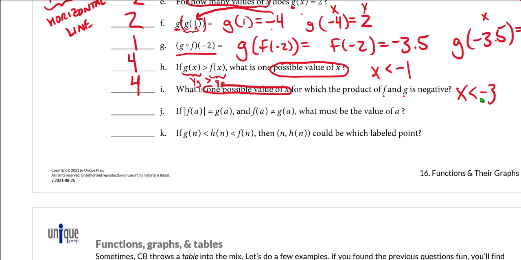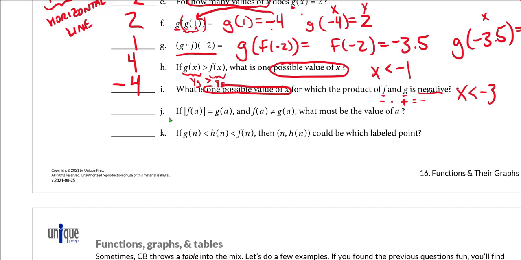Any x value less than, this was supposed to be negative 4. I apologize for that. At an x value of negative 4, the f function will be negative and the g function will be positive, which means that negative times positive is negative. Any x value to the left of negative 3 would have worked on that question.